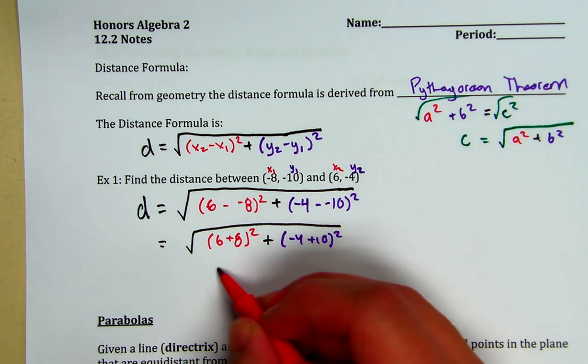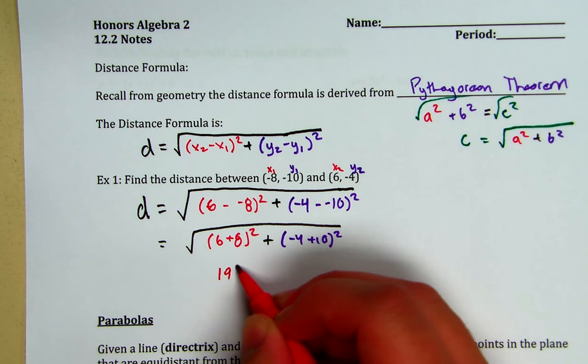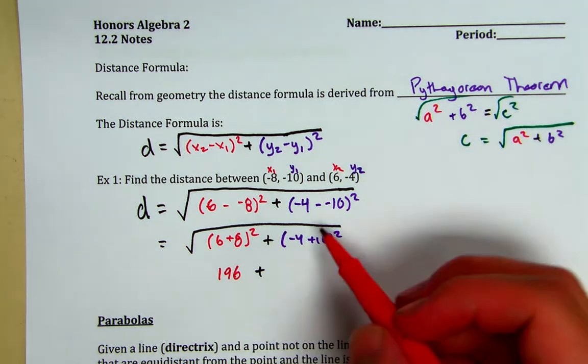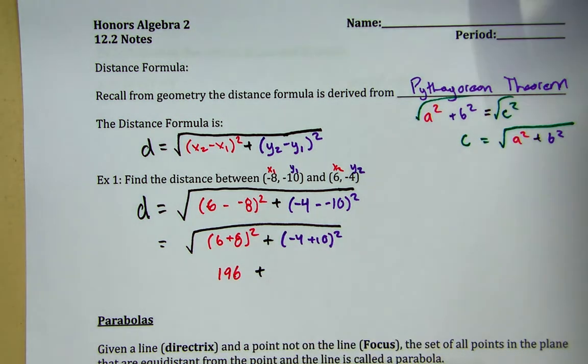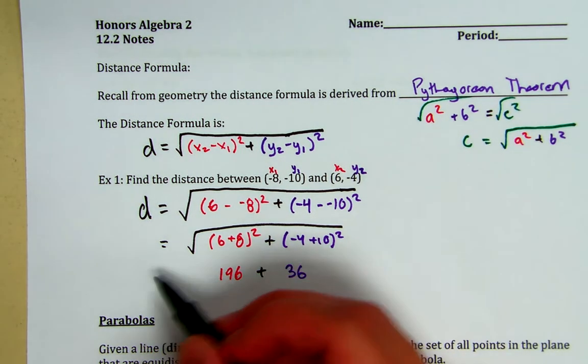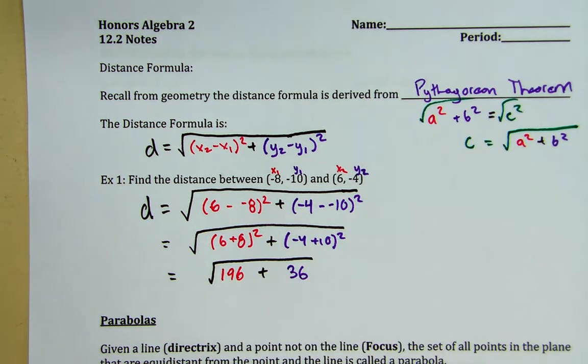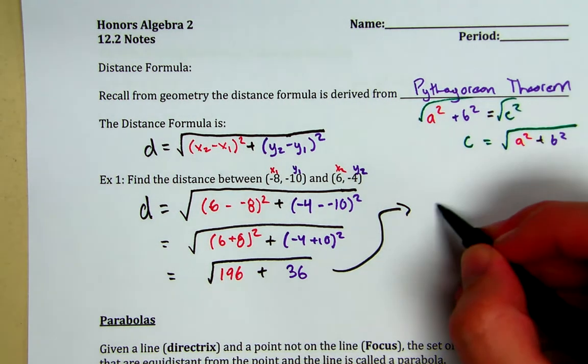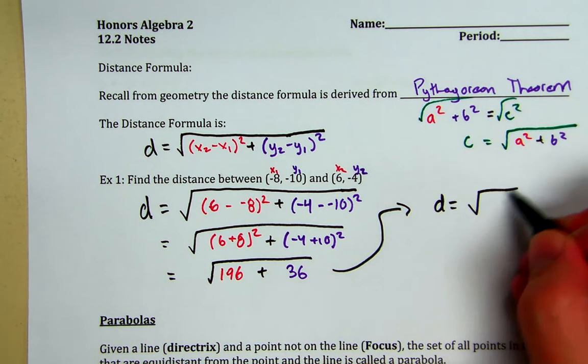So we end up with 14 squared is 196, plus this is going to be 6 squared, so I need 36. We're still taking the square root of the whole thing. We get distance equals the square root of 232.